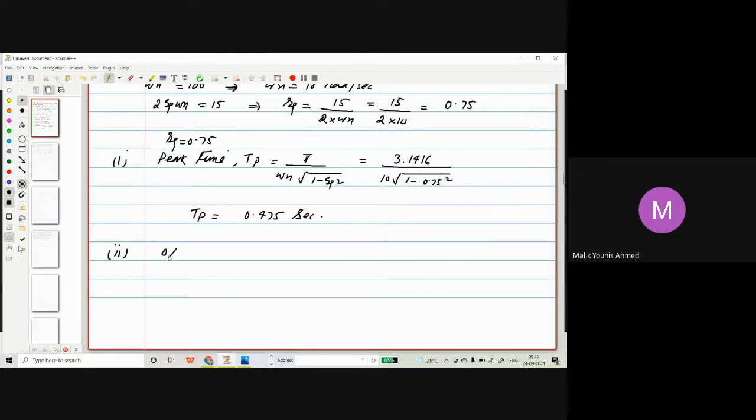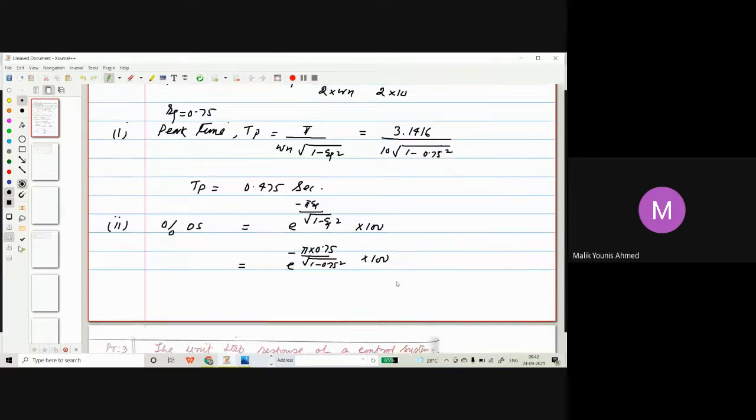Percentage overshoot. Overshoot value we know: e raised to the power minus pi xi divided by under root of 1 minus xi square. When it is percentage, you need to multiply by 100. So e raised to minus pi, using 3.1416, times xi which is 0.75, divided by under root of 1 minus 0.75 square, into 100.